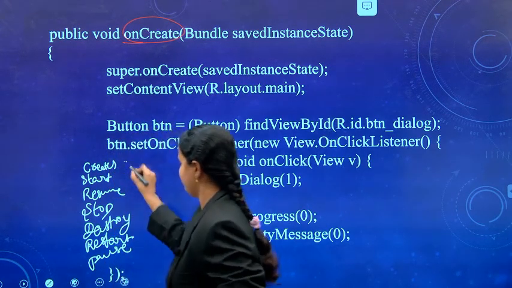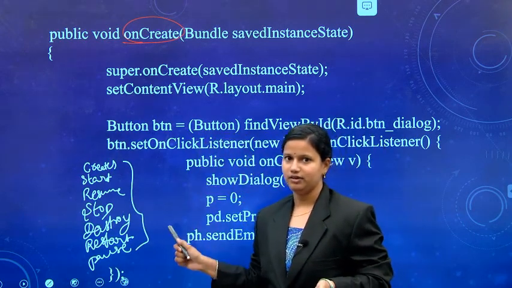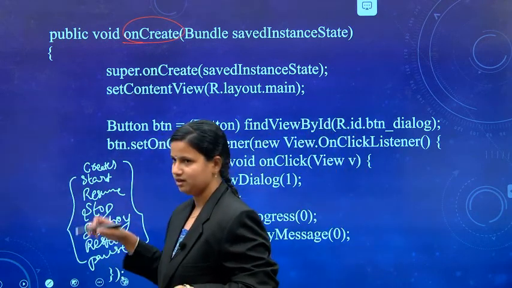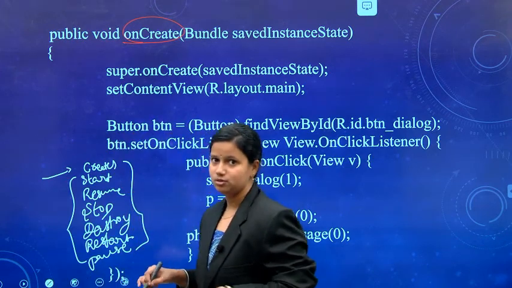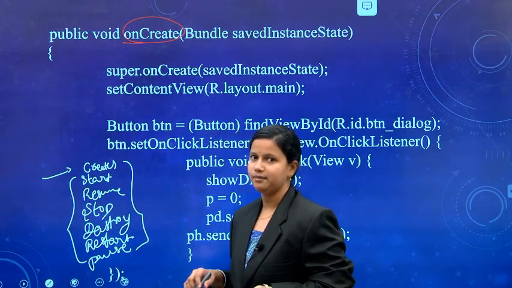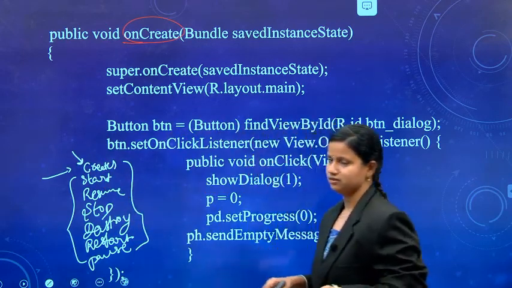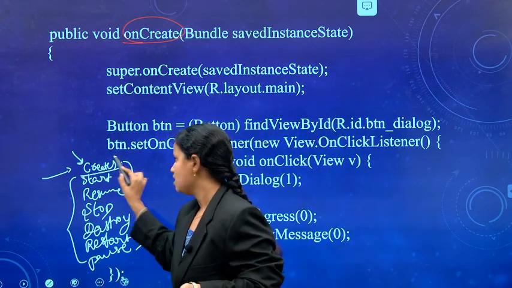Different methods are available in the activity, and all these methods are already available, but this method is to be overridden. Why? Because we have to write a particular action, that's why we have to go with the onCreate method. The main method launches your activity.